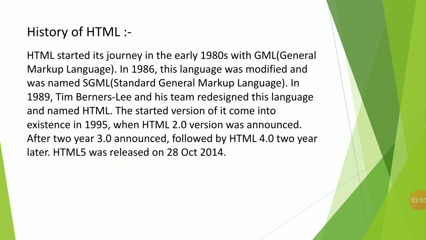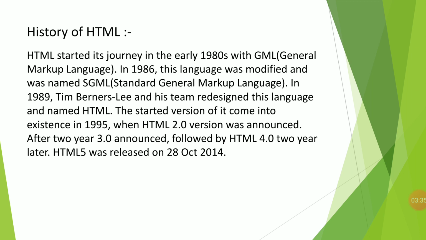HTML started in the early 1980s with GML. The earlier name was GML, General Markup Language. Later on in 1986 this language was modified and named SGML, Standard General Markup Language.